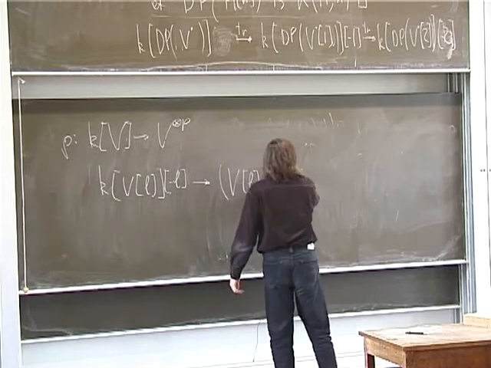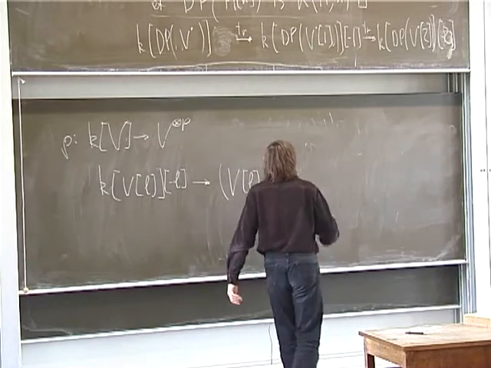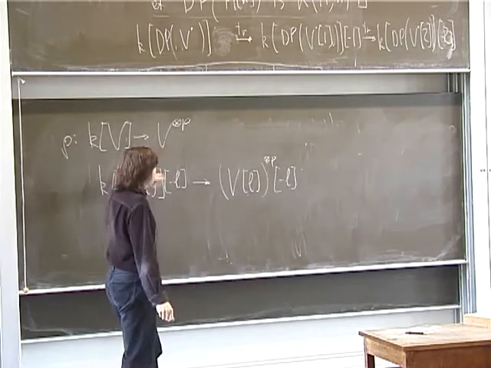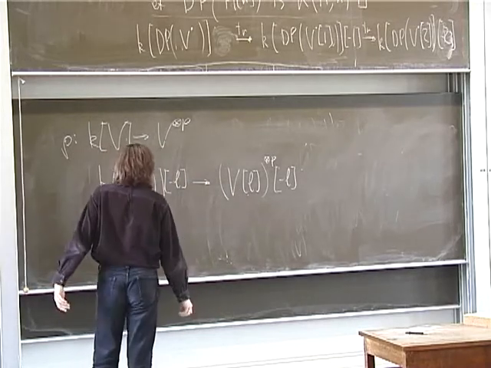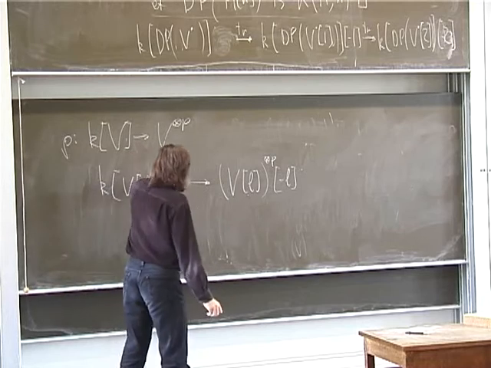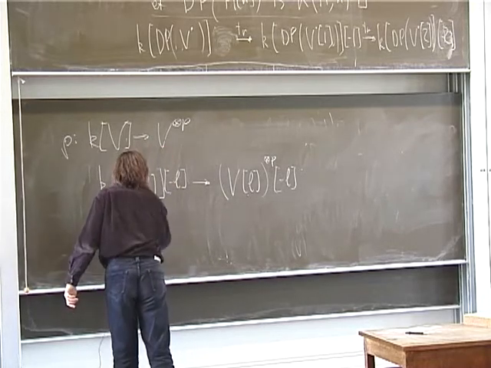This I also can do. So I have a map like this for any L. And now let's pass to the limit. And when I pass to the limit, on the left-hand side, I get exactly my ST of V.